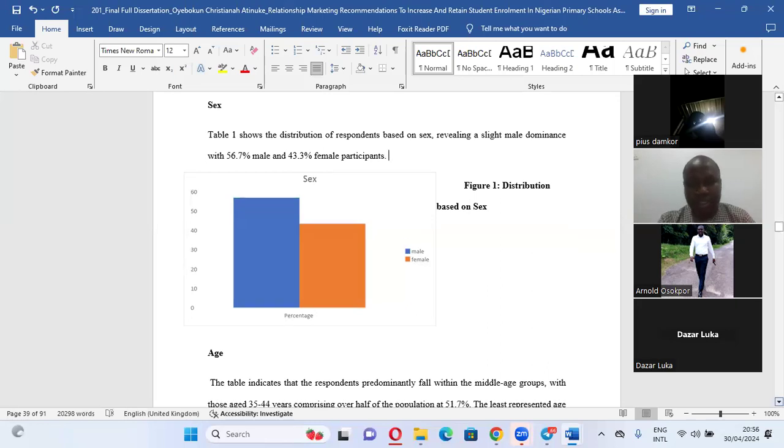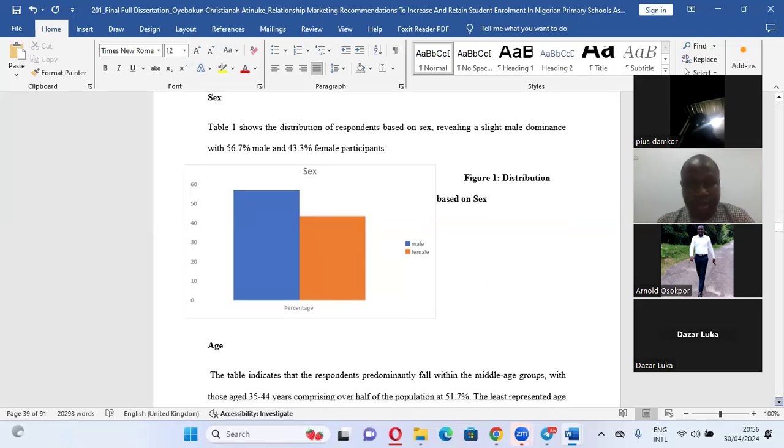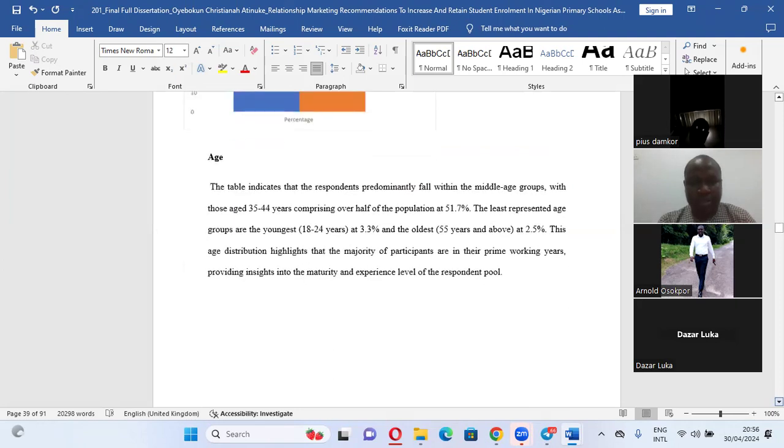Now, this table was done on Excel. Now, this is the age interpretation. Your work must have both the table that shows the analysis of the social demographic characteristics and the interpretation as well. The interpretation can be done together or separately.